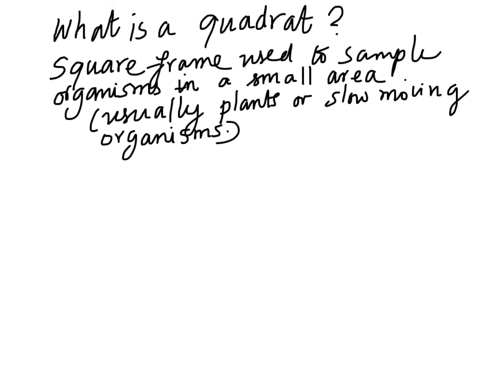Or you can't use it to sample something like a squirrel, because before you even go near them, they just run away. So you need to use different techniques for them. Something like snails or plants are ideal, or even slow moving invertebrates such as woodlice. You can use the quadrat to find out how many of them live in a particular area.